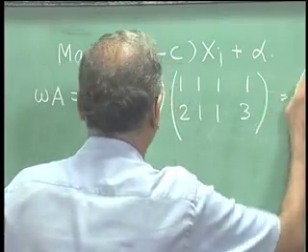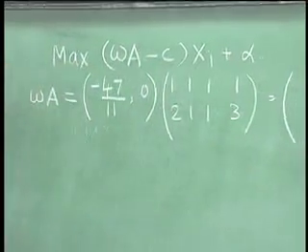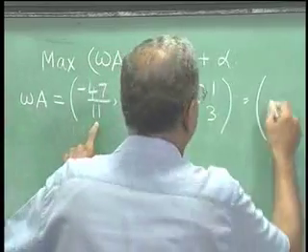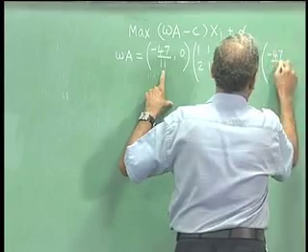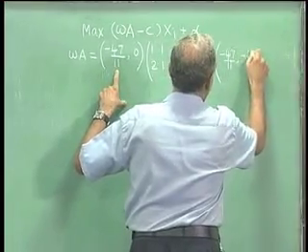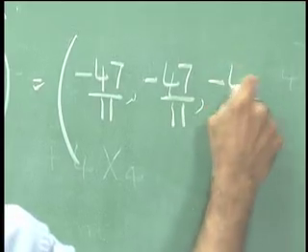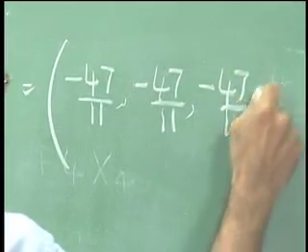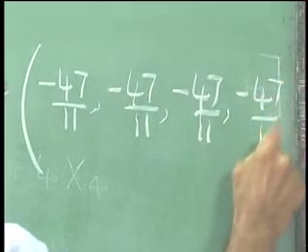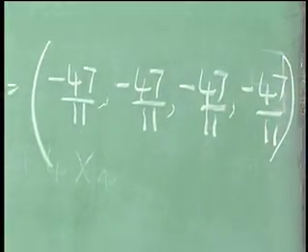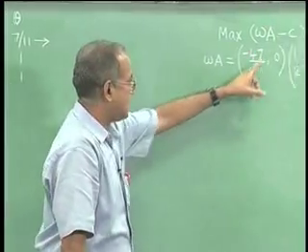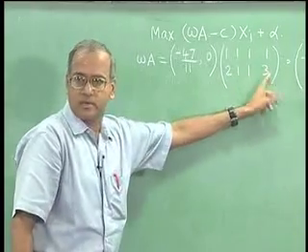So, this is minus 47 by 11, minus 47 by 11, minus 47 by 11, minus 47 by 11. This is WA, because 0 into 2 1 1 3 is 0.